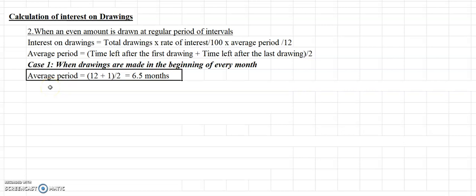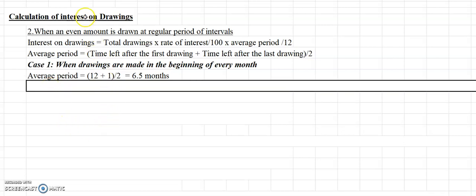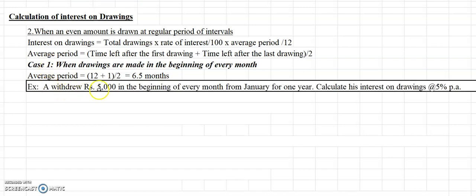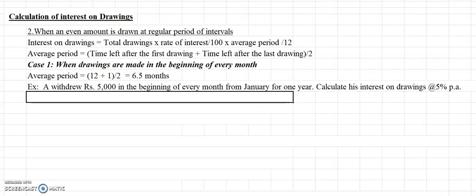Let us see with an example how to calculate interest on drawings. A withdrew rupees 5,000 in the beginning of every month from January for 1 year. Calculate interest on drawings at 5% per annum. Suppose 1st January onwards he draws. So average period we will calculate.